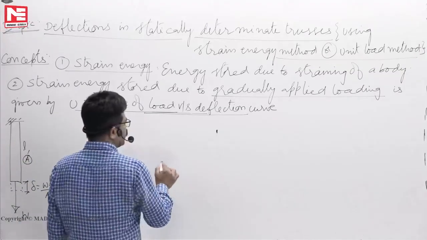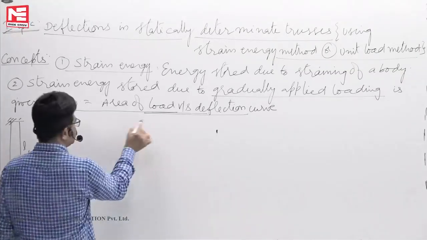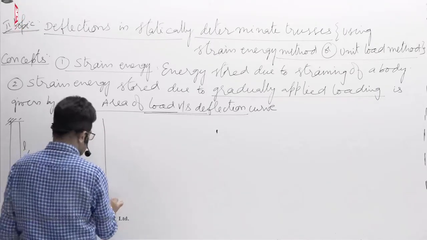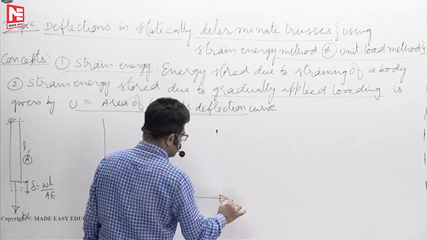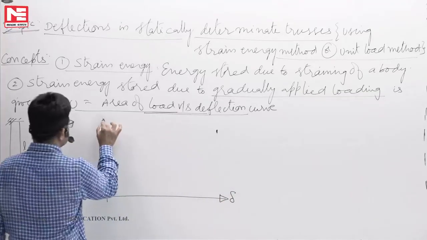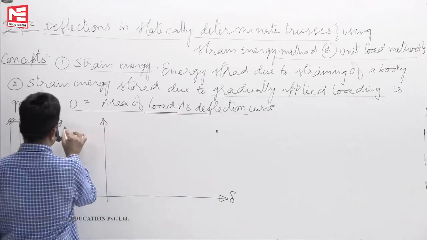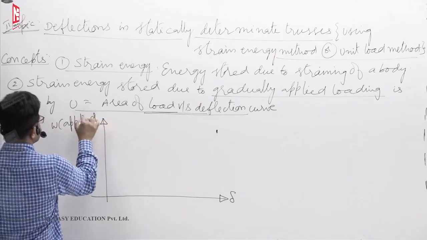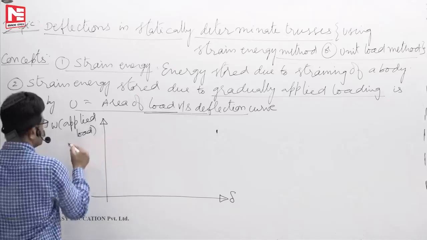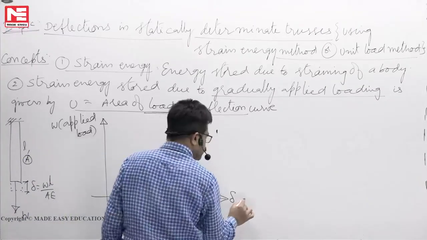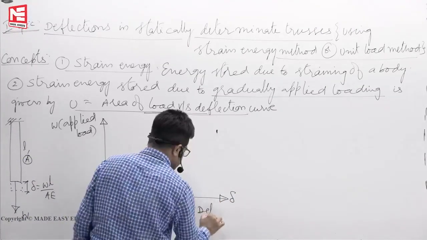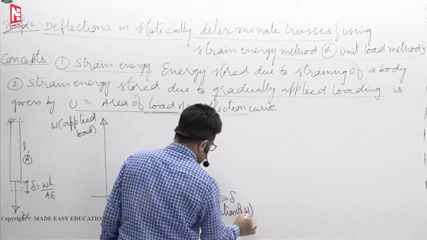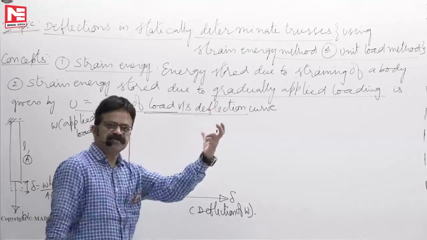If you take the diagram of load versus deflection curve, the area is like this. This is delta, this is W. W is the applied load, and delta stands for deflection, how much W has come down.